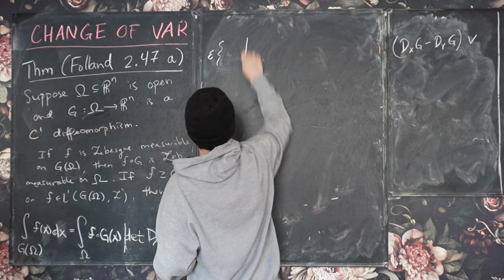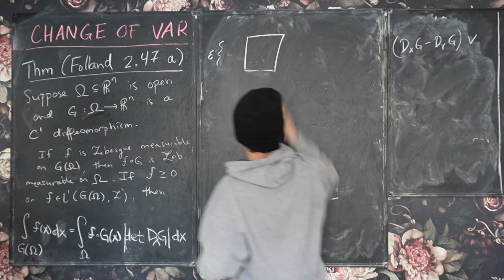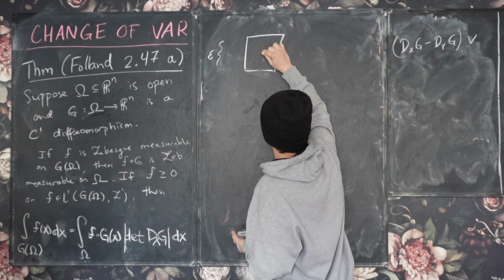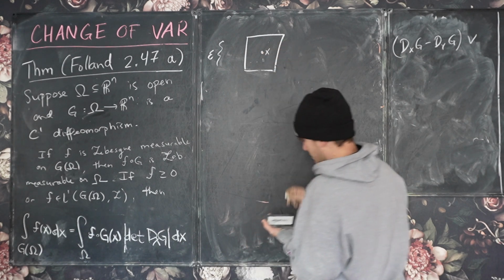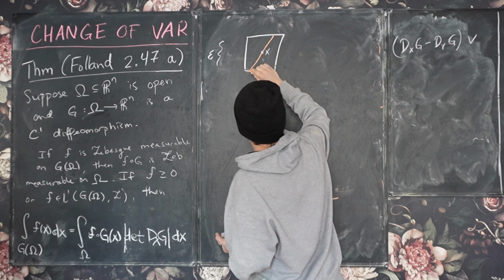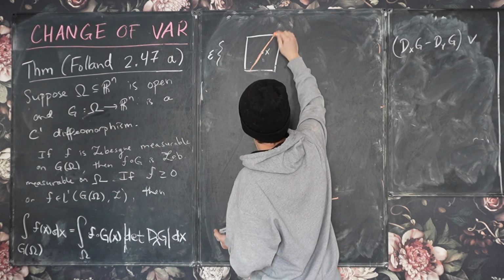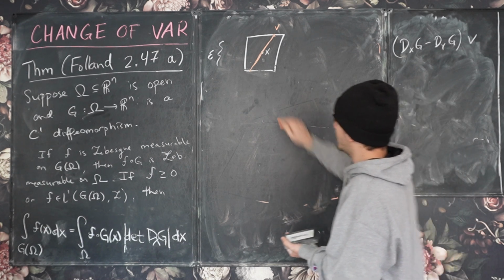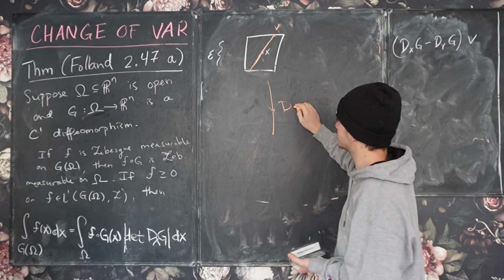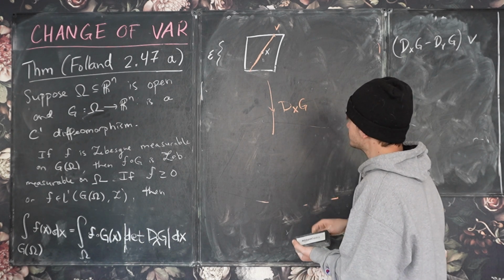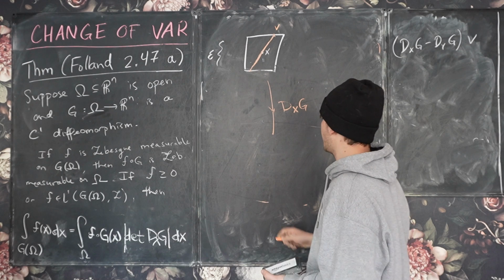So now let's just take a box, and we have the center point x, and we have some line in the box with direction vector v. Okay? Now, this box is going to get mapped by the differential dx of g into a parallelepiped.